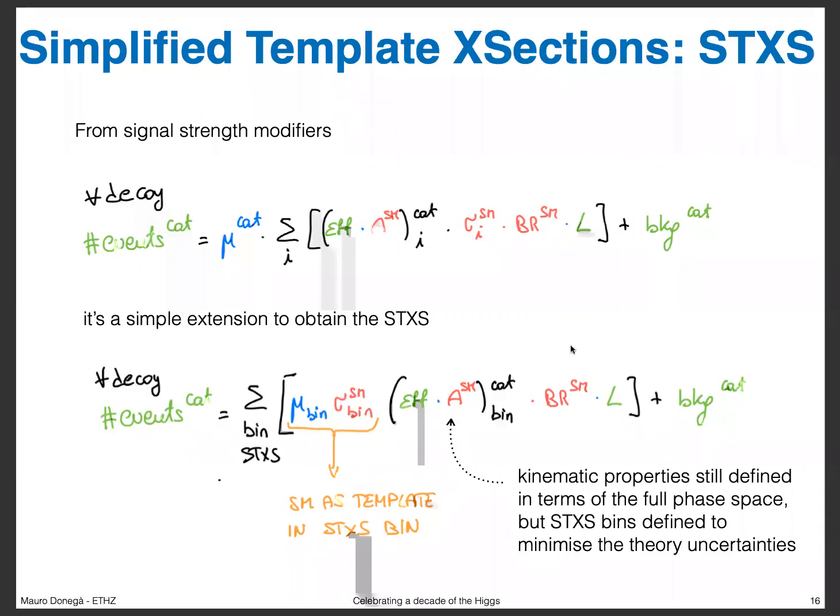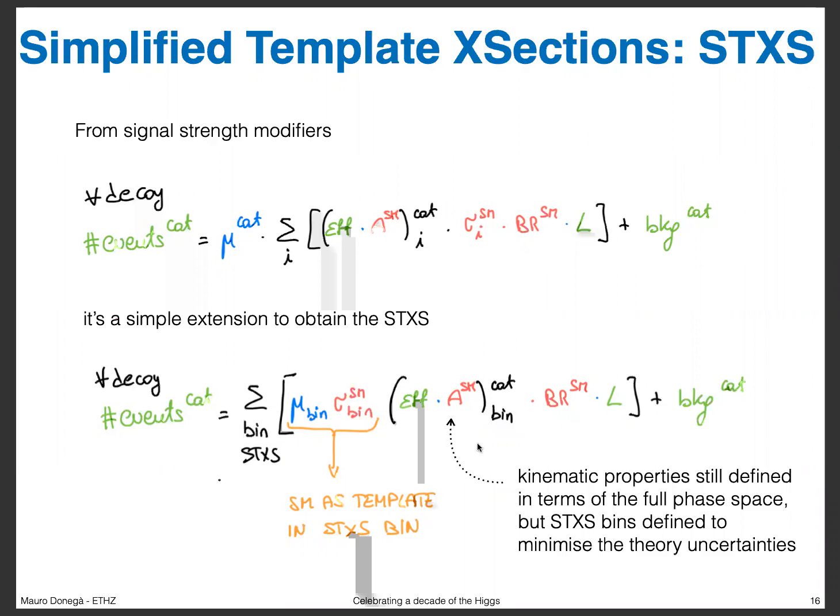For each of them, we have obviously the same expression, but now we multiply the mu in the bin times the standard model cross section. So if you want this number here in the end, this product, it's a cross section, and it acts as the standard model template in the STXS bin. This is where the name template comes from.